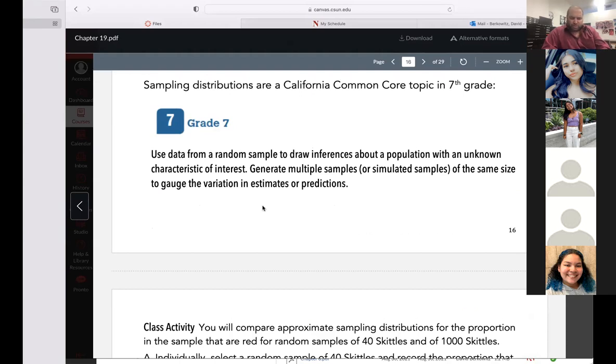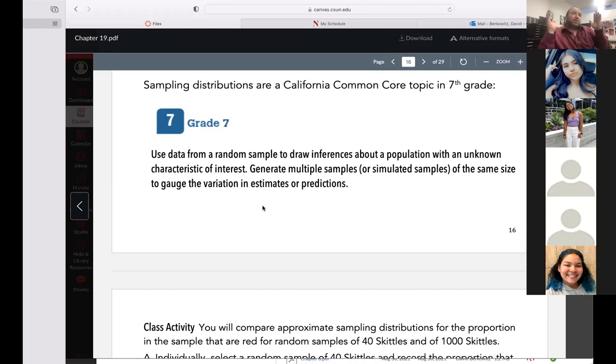And what is the objective? Use data from a random sample to draw inferences about a population with an unknown characteristic of interest. Maybe you don't know the average, maybe you don't know the proportion, whatever the case may be. Generate multiple samples, or if you go back all the way to, I think, chapter 2, simulated samples of the same size to gauge the variation in estimates or prediction.